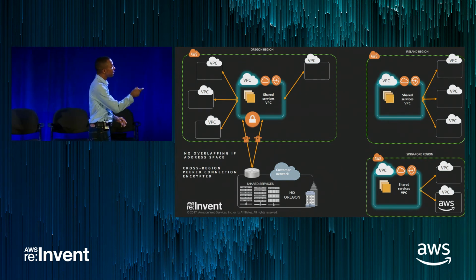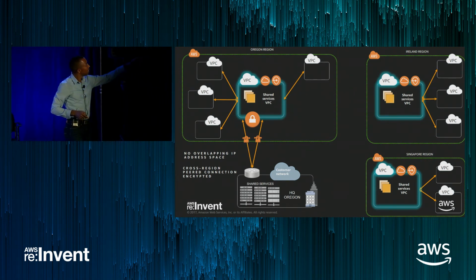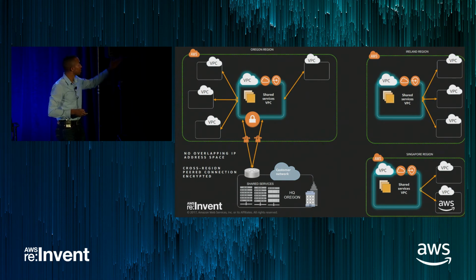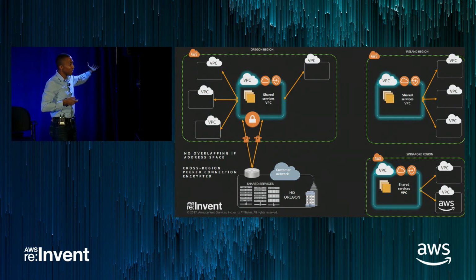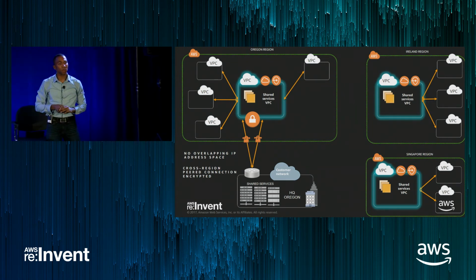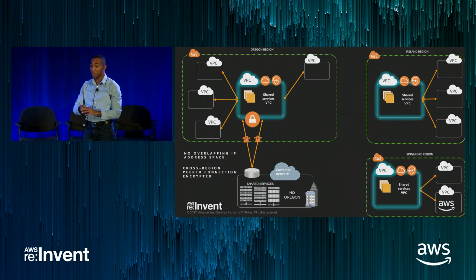How do I get from Ireland, Singapore, to my data center? Do I always have to do transitive routing here? Well, not transitive routing, but do I always have to go through a proxy farm within my shared services VPC to get back to my data center that's located within Oregon? How do I simplify that? Do I then create IPsec tunnels?